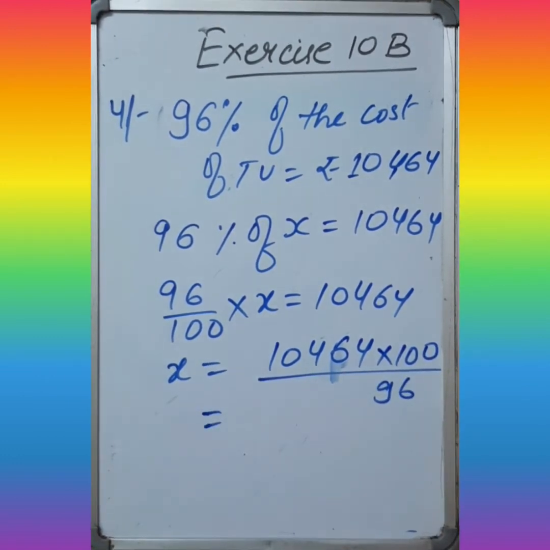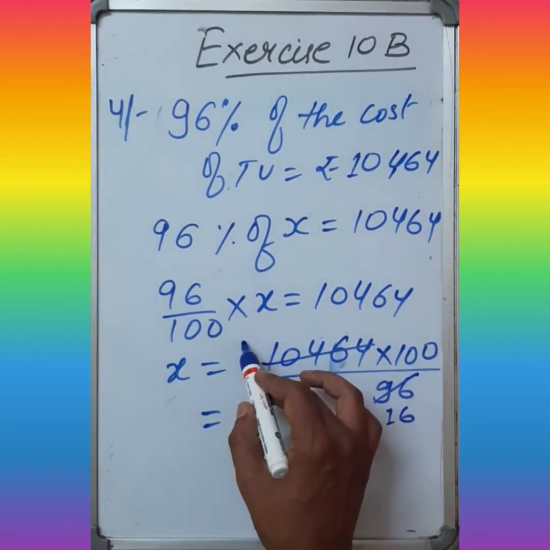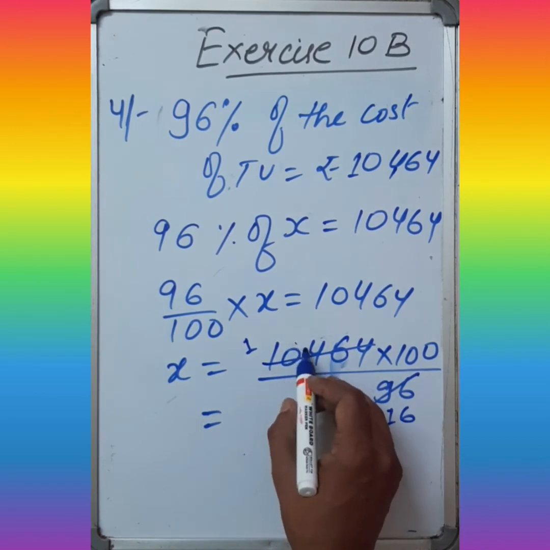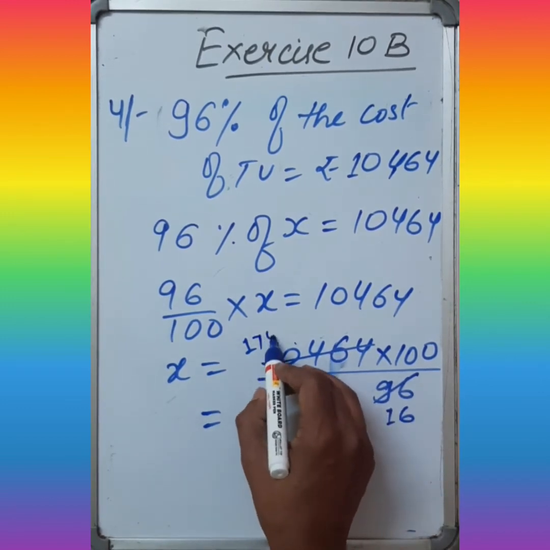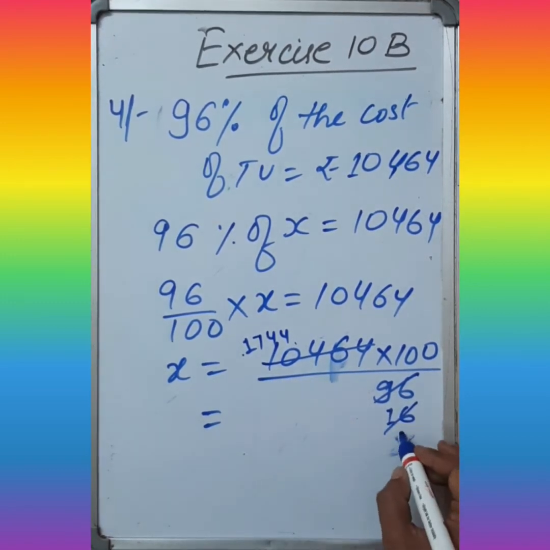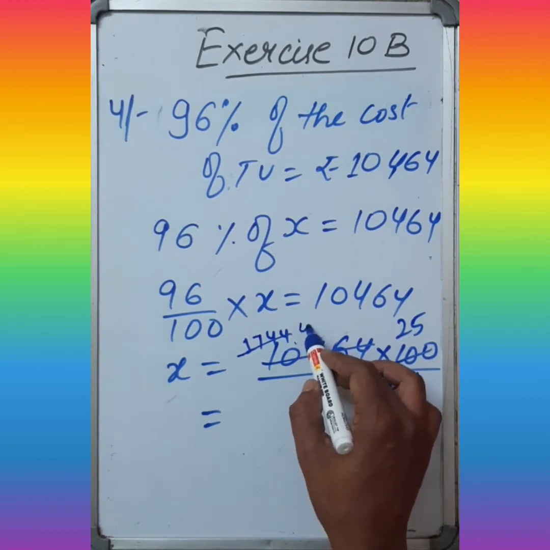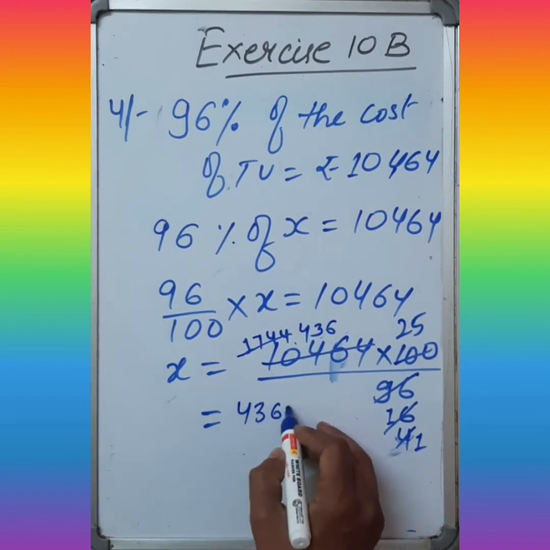Okay. Now I'm going to solve this. Let's divide it. 6 1s are 6, 3 6s are 18... we get 436 into 25 after dividing.